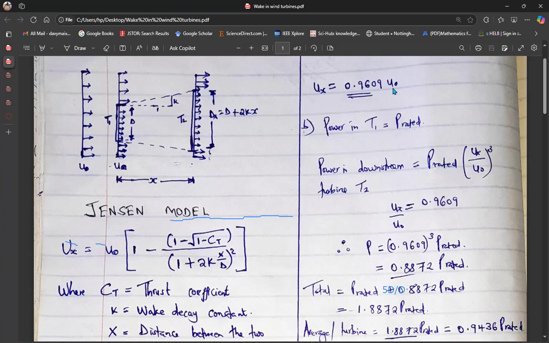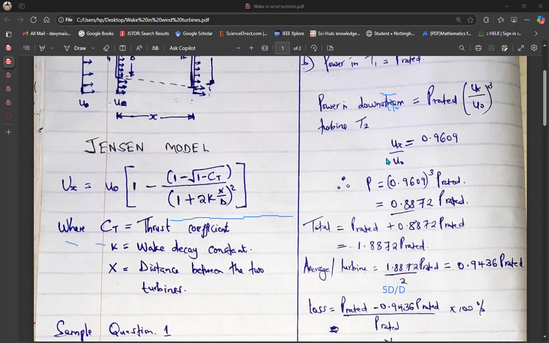We just divide by U0 on both sides, so that you get UX over U0 being 0.9609.